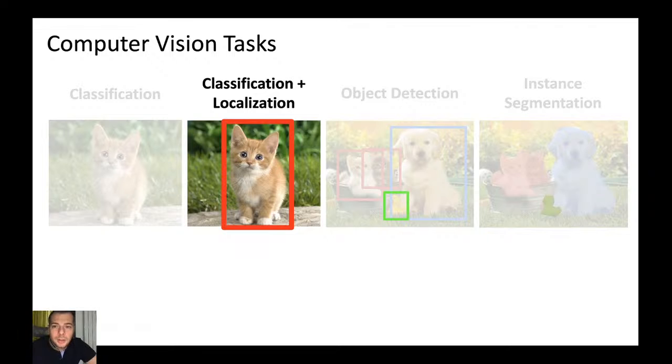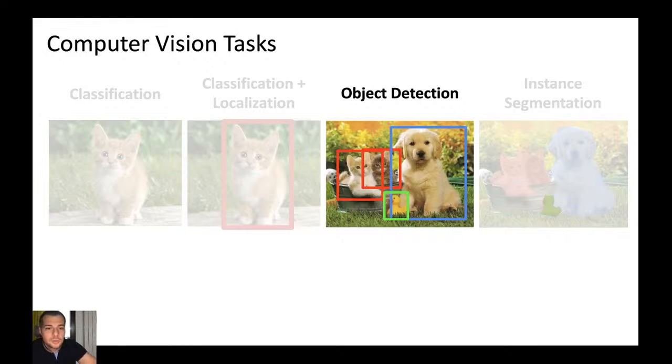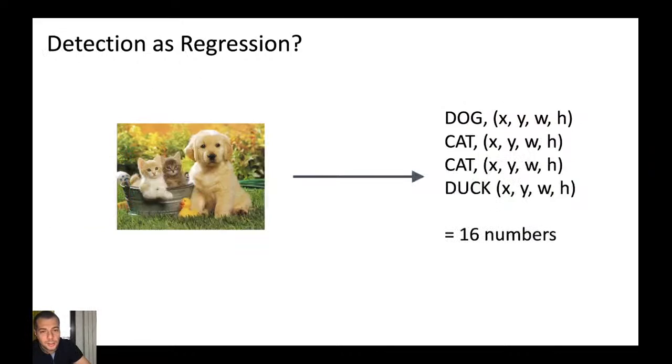Okay, so that is it for the localization of objects. Now I think we're ready to move to the more challenging task, which is object detection. Here the number of objects in the image is not bounded, so we can have any number of objects.